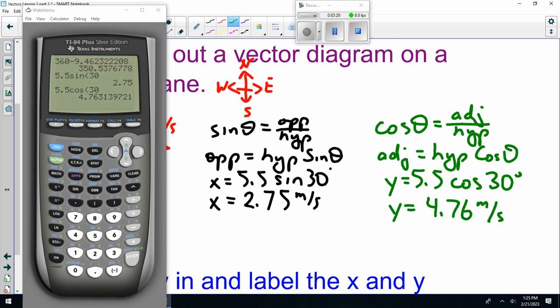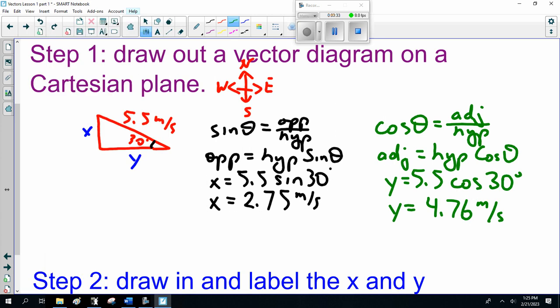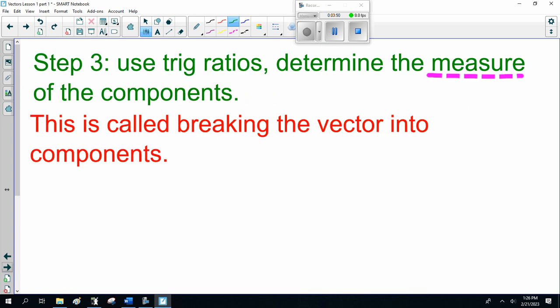I can round that off to 4.8, but that may or may not be my final answer. And I'm not going to yell at you for going to 3 significant digits. So this is breaking the vector into components. That's what I need you to be able to do for a standard right angle triangle. So let's do a couple here.